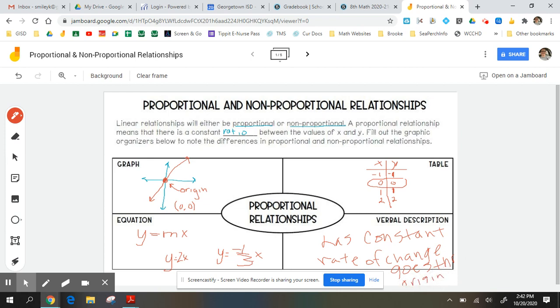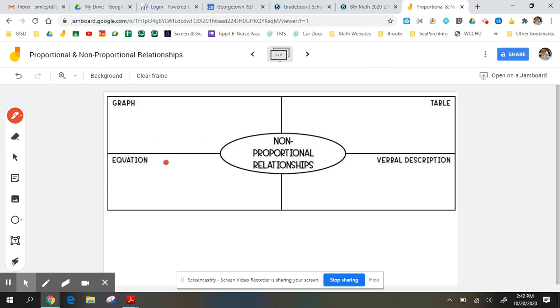I know we're at the bottom of our paper. So let's go to the next one. Now, a non-proportional relationship. The graph, if we sketch a quick graph, can be anywhere on this y-axis except for the (0, 0). So I'm going to draw a negative sloping line, and it's going to look like this.